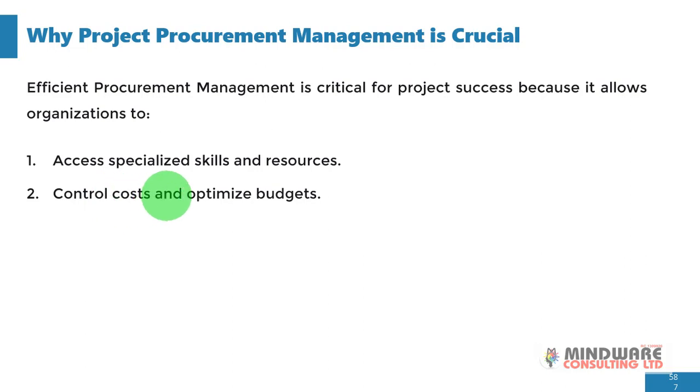That's part of project procurement management. And then you're going to do your vendor survey, so that you can get to know the different vendors that are offering such products or services, and be able to know the one that is most cost effective, the one that will be able to deliver at the end of the day. So this is going to help you optimize your budget.